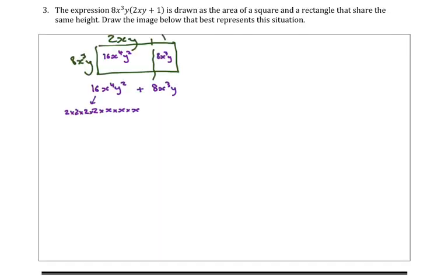Okay, so what I'll do is I will rearrange, using the commutative law of multiplication, the factors within the first product. So I'm going to write 2 times 2 times x times y, and then I've got the extra two 2's, the x times x, and an extra y.